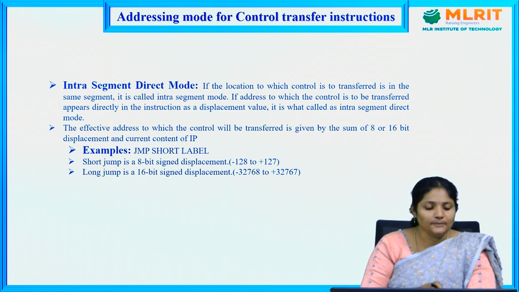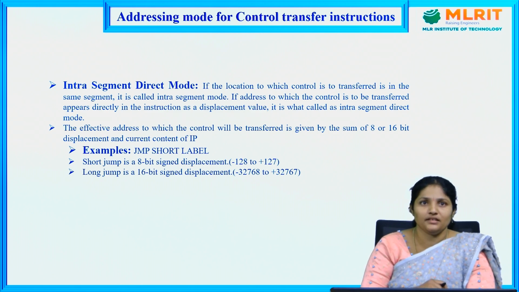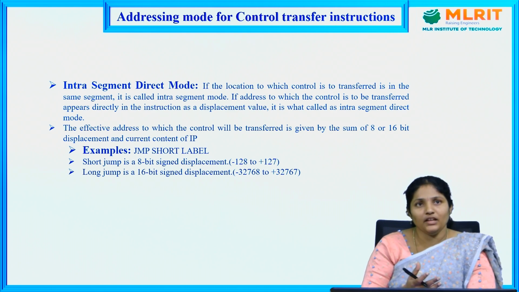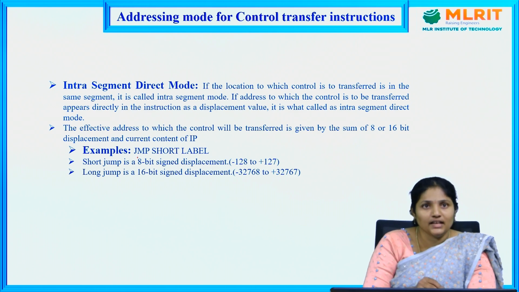In the intra-segment direct mode, we mention the displacement where it will travel, or the label, which should be within the segment only. That label we mention directly in this particular example.